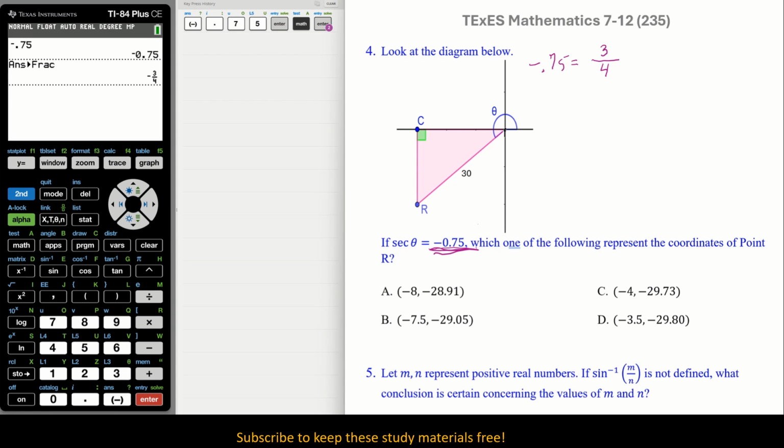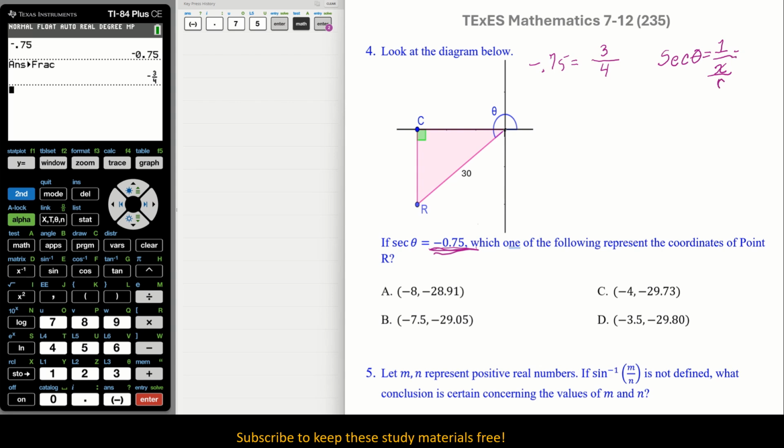Okay. Well, what does that mean? Just exactly what we had earlier. Secant theta equals 1 over cosine. So cosine is x over r.